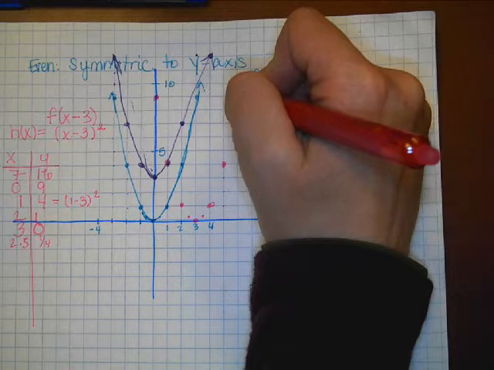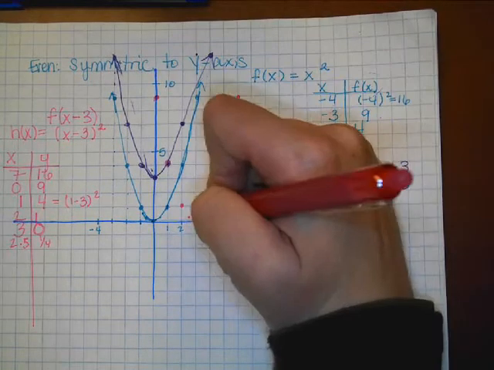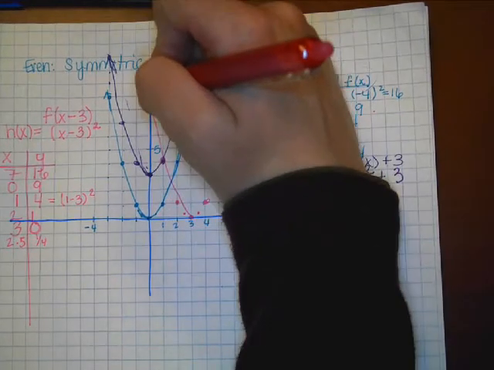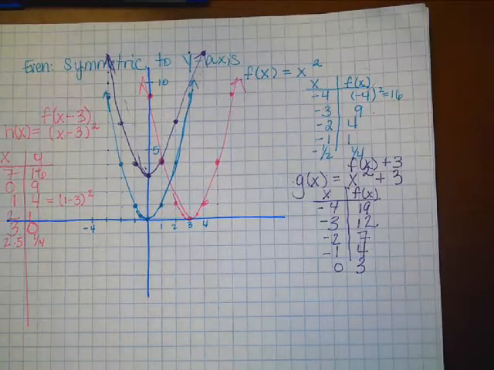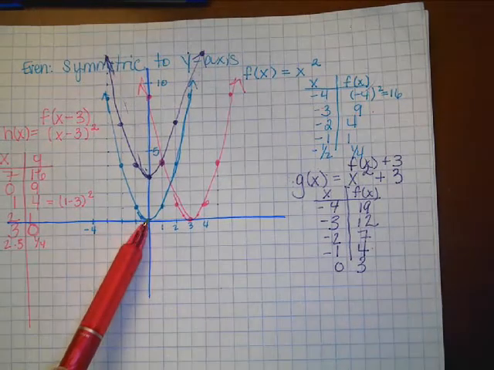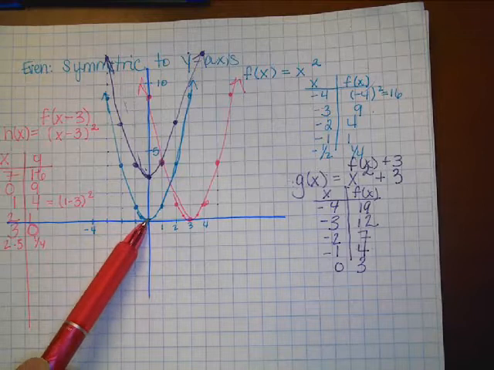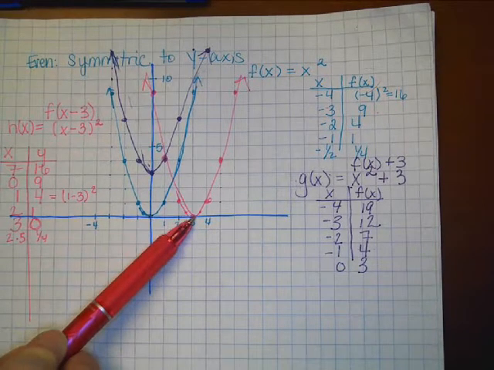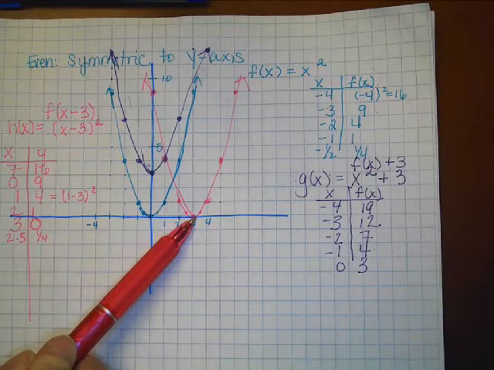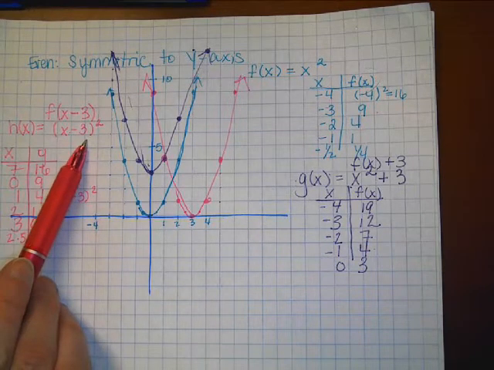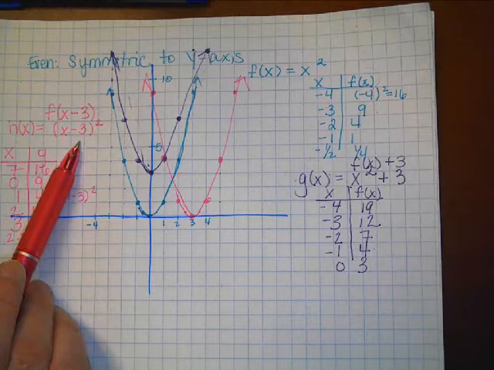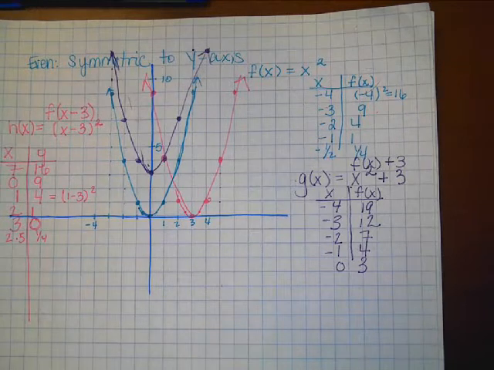So when x is 0, y is 9. So what I will see is when x is 6, I also have 9. It's a curve like this. And what you see is I'm taking this parent function in blue and shifting every single point over to the right 3. Even though it says x minus 3, I'm actually shifting it to the right 3 units. Right?